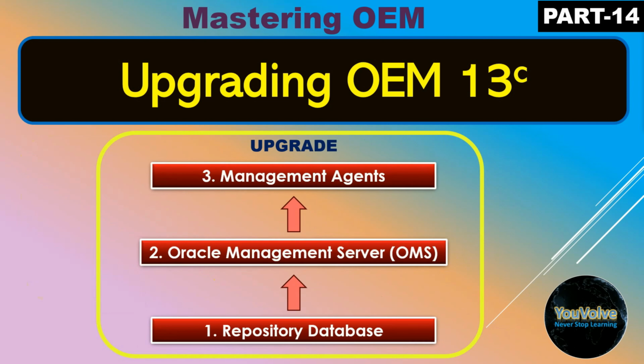Upgrading the repository database is optional if you know that the target OEM version to which you are planning to upgrade already supports the existing repository database version. But if it does not, then the first thing you have to do is to upgrade the repository, but at the same time, you have to make sure that the upgraded database version is also supported by your existing OEM system to avoid disruption in monitoring.